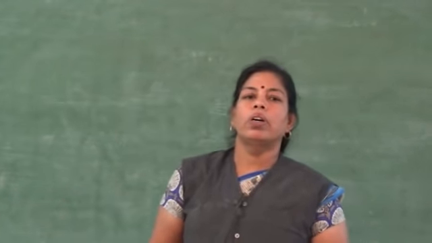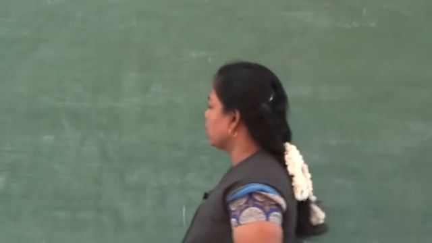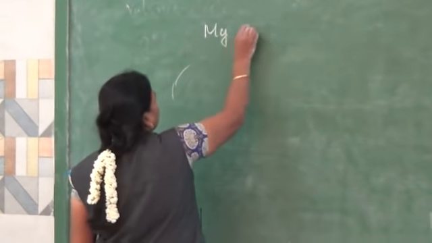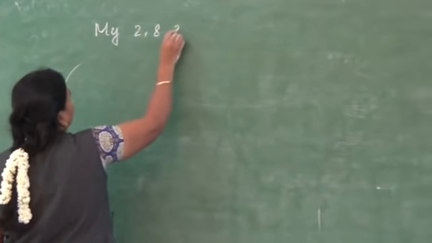And in your book, on page number 131, how to write the geometric representation of the atomic structure of elements is given. In that, what is the electronic configuration of magnesium? 2, 8, 2.